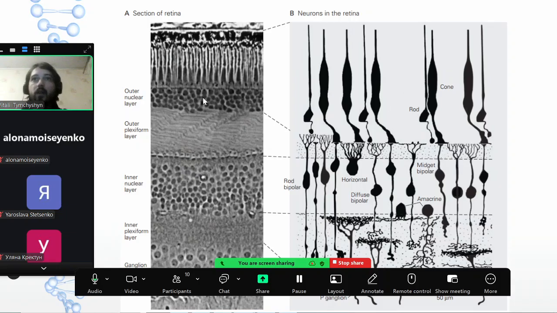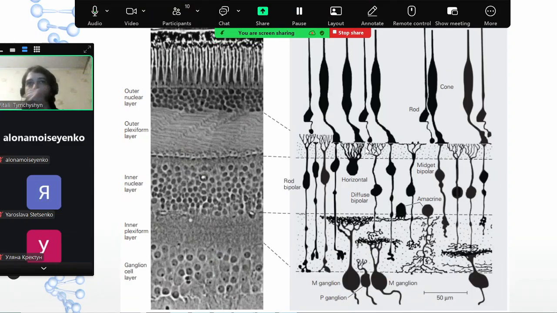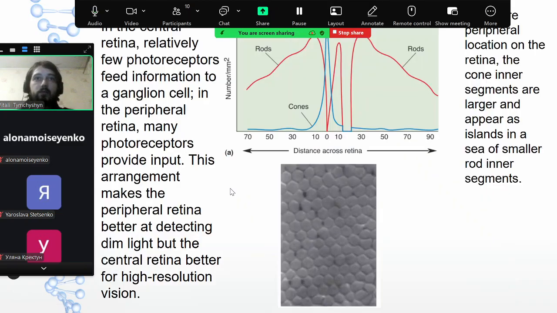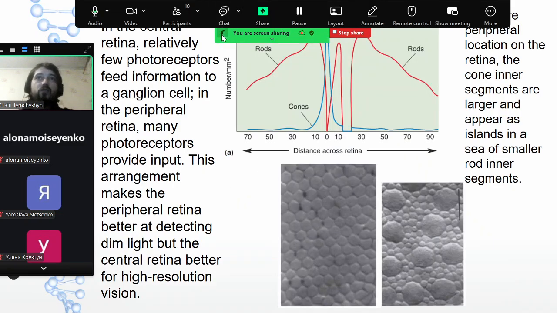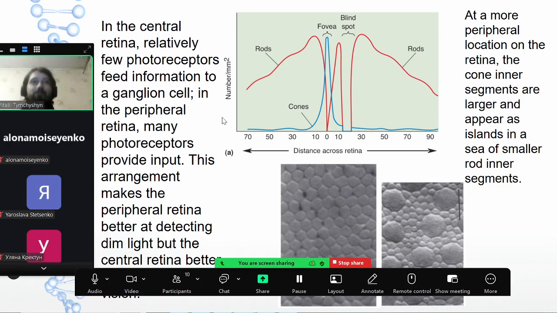So here you can see them, and these are the different types of cells that you can find in the retina. So here they are. Once again, kudos to all those guys that are able to read these sort of micrographs, because that was always a problem for me.